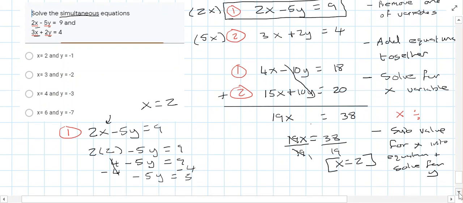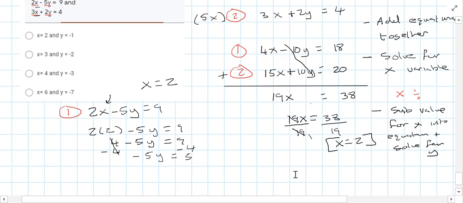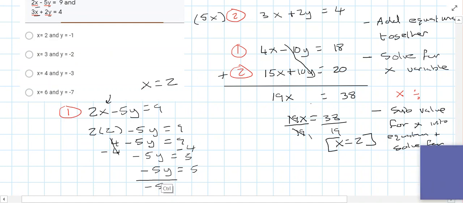Let's scroll down a little bit to give ourselves some room. So minus 5y is equal to 5. Now we want to get rid of this minus 5, so we divide by minus 5. You always want the y to be positive.